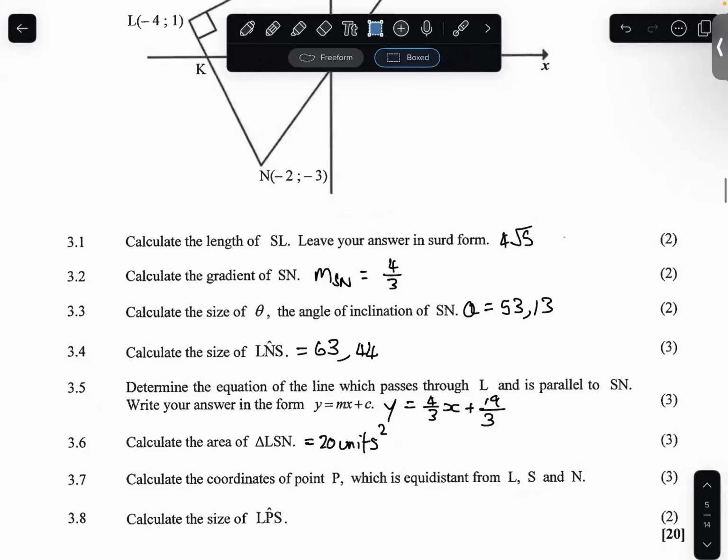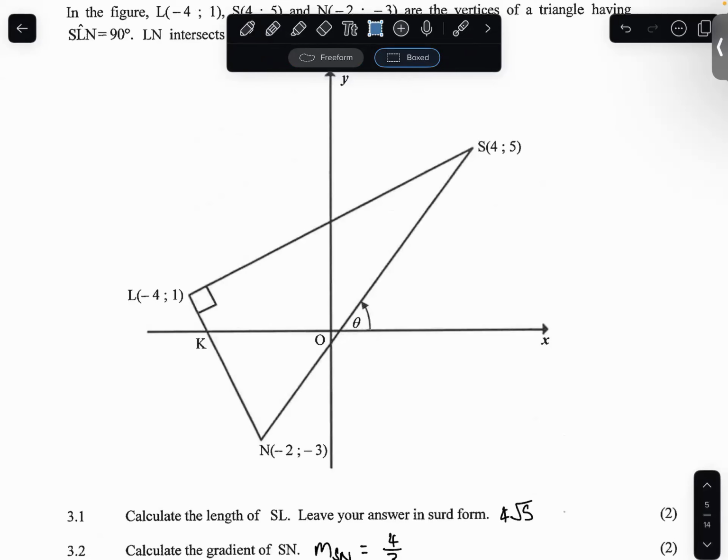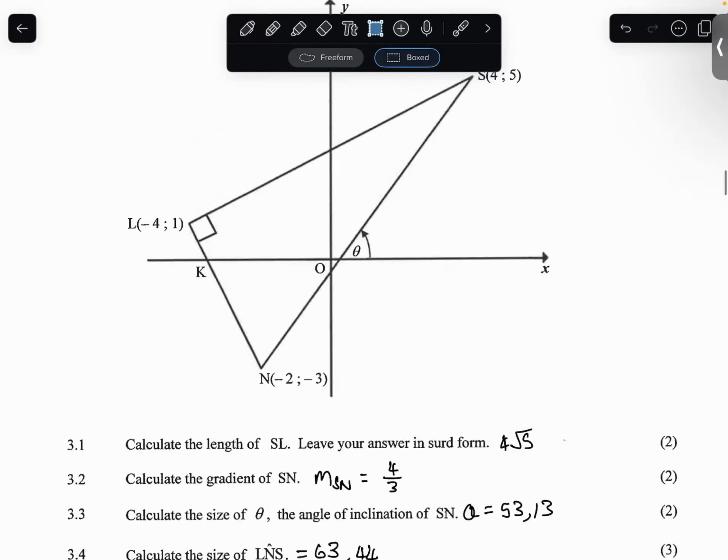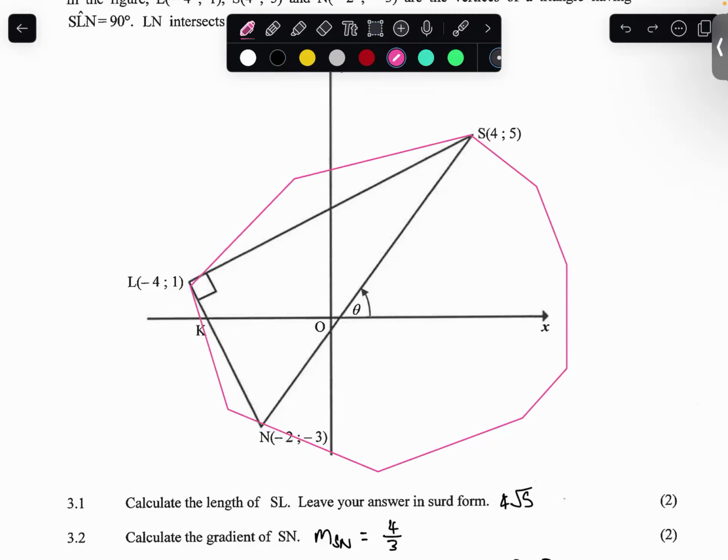And here's the other method, right? If you have a right angle triangle, right? And you wrap a circle around that right angle triangle. For example, oh my, that's not a circle.